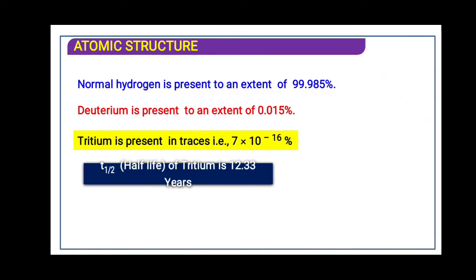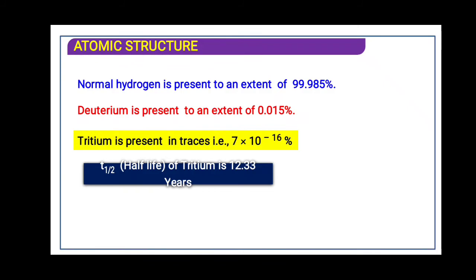Now the half-life of tritium is 12.33 years. What does half-life mean? All radioactive elements undergo disintegration, that means they emit alpha, beta, gamma particles from the radioactive substance.